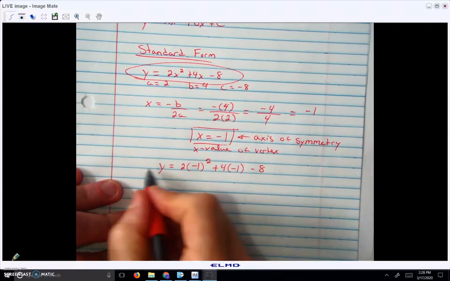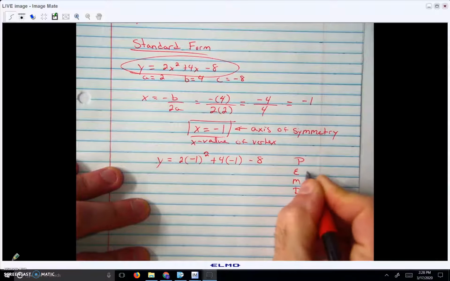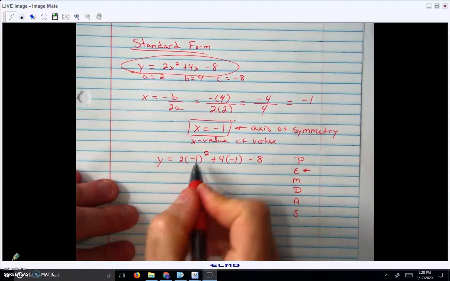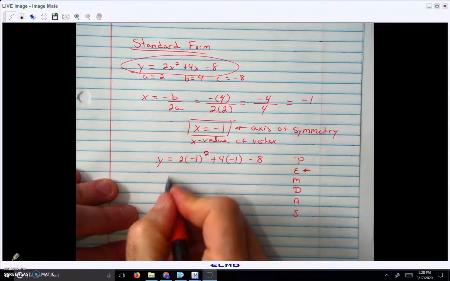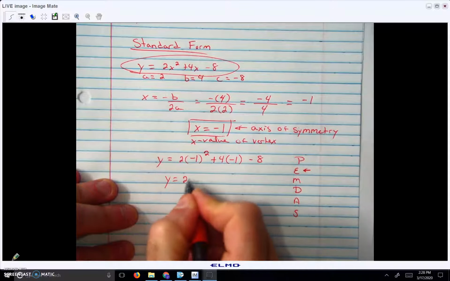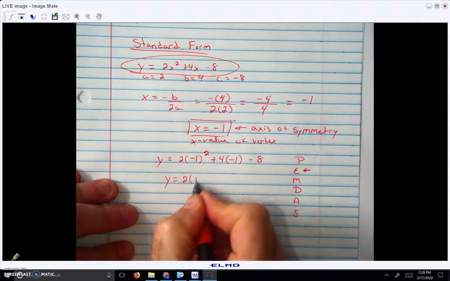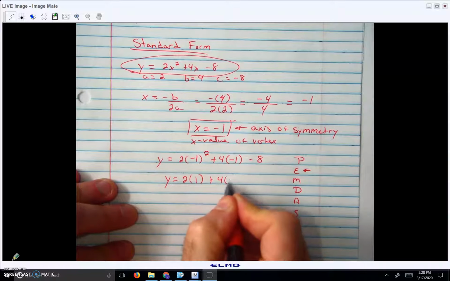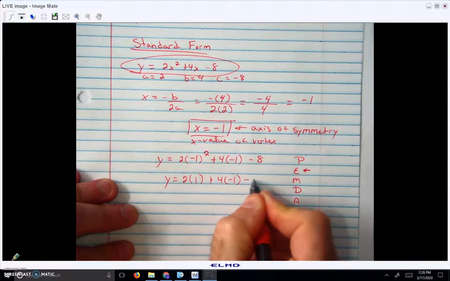Because I'm evaluating, I'm now going to follow order of operations, or PEMDAS. So the first thing I'm going to do is that exponent. I have negative 1 squared. So that's going to give me y equals 2 times negative 1 squared is positive 1, plus 4 times negative 1 minus 8.